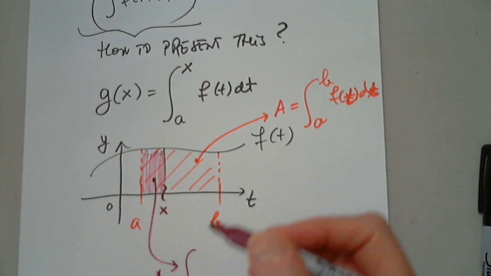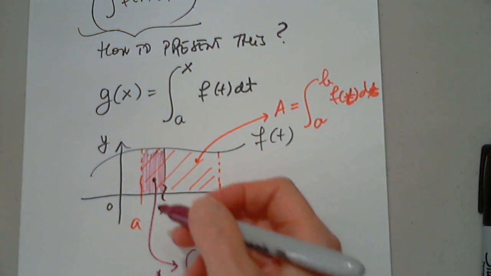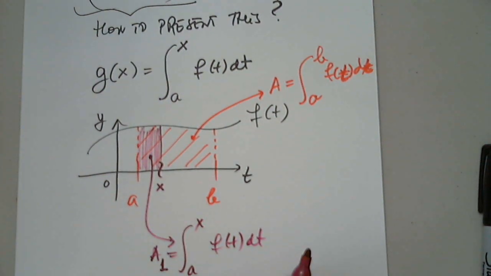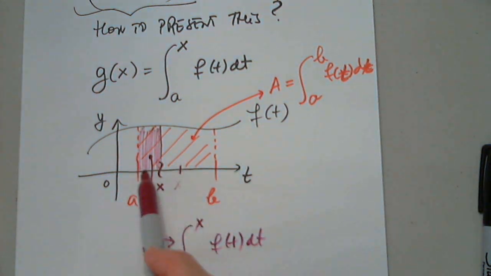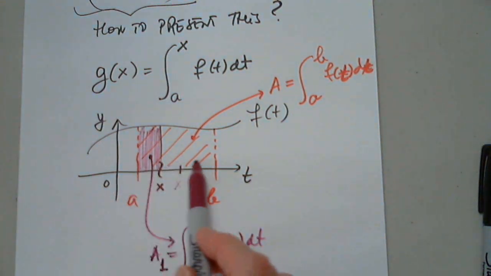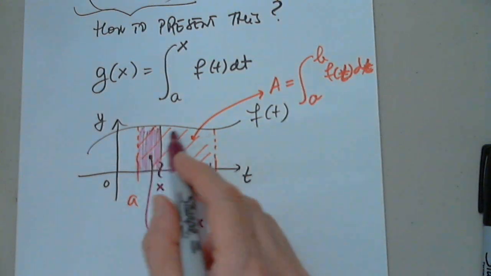So this area now, this is big A, I'm going to call this A1 because it's just this piece. It will be the integral from a to x of f of t dt. But what if x is here? I will have a bigger area. What if x is here? I will have a different area. What if x is here? Well, I have a different area.